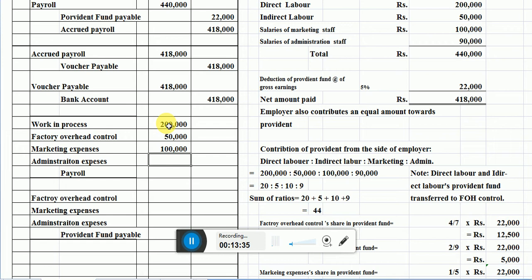Now 90,000 rupees is charged to the salaries of administration staff against the administration expenses here, 90,000 rupees.